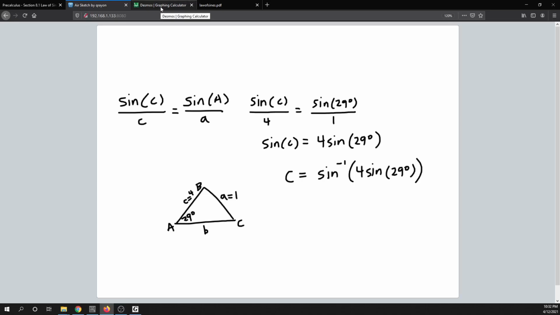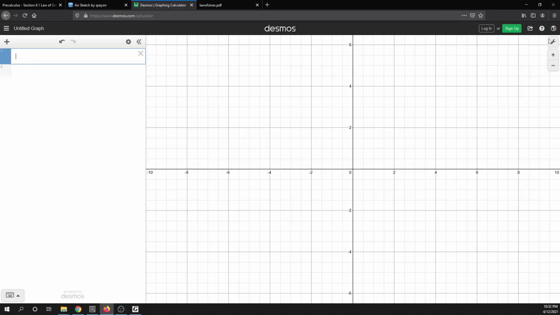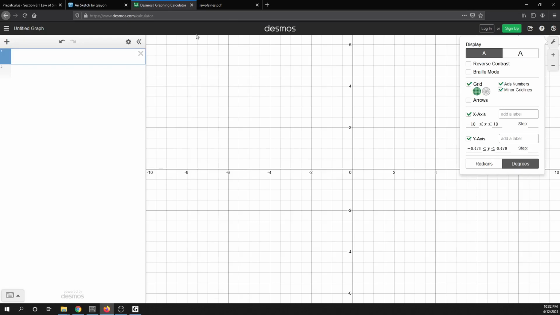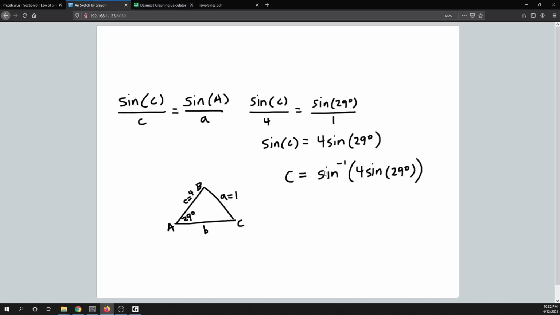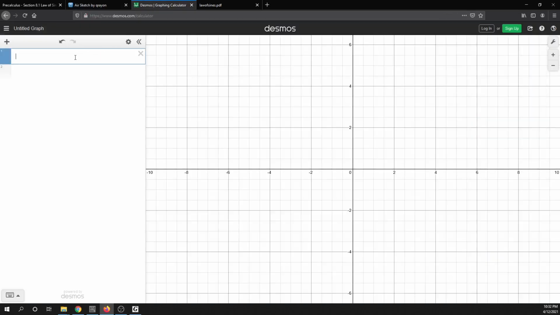All right, so go over to your calculator and make sure that you are in degrees in this problem, right? And so I want to enter inverse sine of 4 times sine of 29 degrees. So for Desmos, I have to enter that as arcsine of 4 times sine of 29 degrees. And you can see that I get undefined when I go to do that.